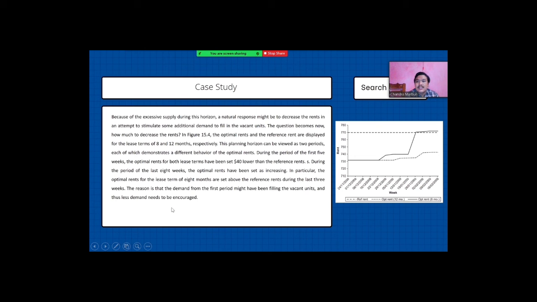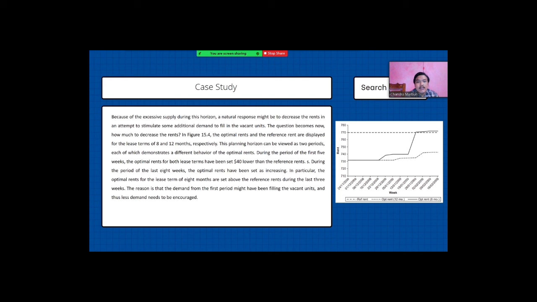Because of the excess supply during this horizon, a natural response might be to decrease the rent in an attempt to stimulate some additional demand to fill in the vacant units. The question now becomes, how much to decrease the rent? In this picture, the optimal rents and the reference rents are displayed for the lease terms of 8 and 12 months, respectively.